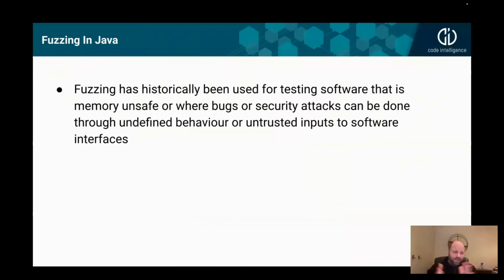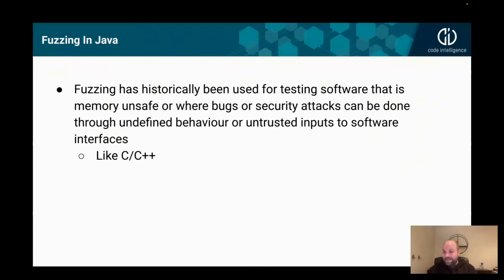So let's talk about, again, kind of historically. Fuzzing historically has been used for testing software that is memory unsafe, where bugs or security vulnerabilities can be executed through undefined behavior, untrusted inputs. When you think of memory unsafe languages, where you are able to manually manipulate low-level system hardware and system memory, I think about languages like C and C++.